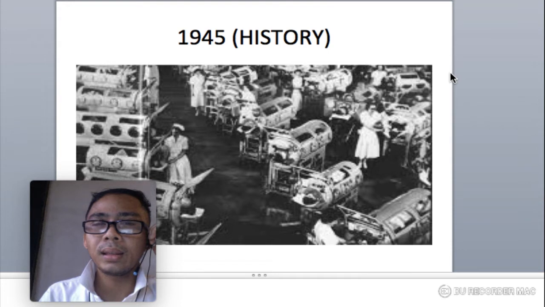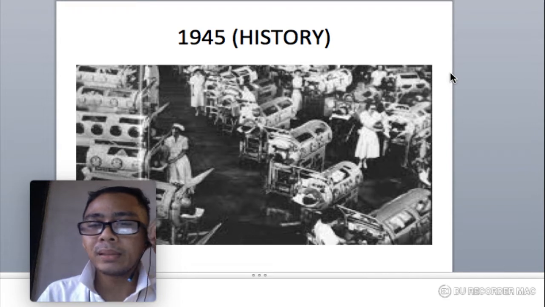During that time, poliomyelitis was very rampant. It was a pandemic during those years. Because of this poliomyelitis, there is what we call respiratory muscle paralysis.